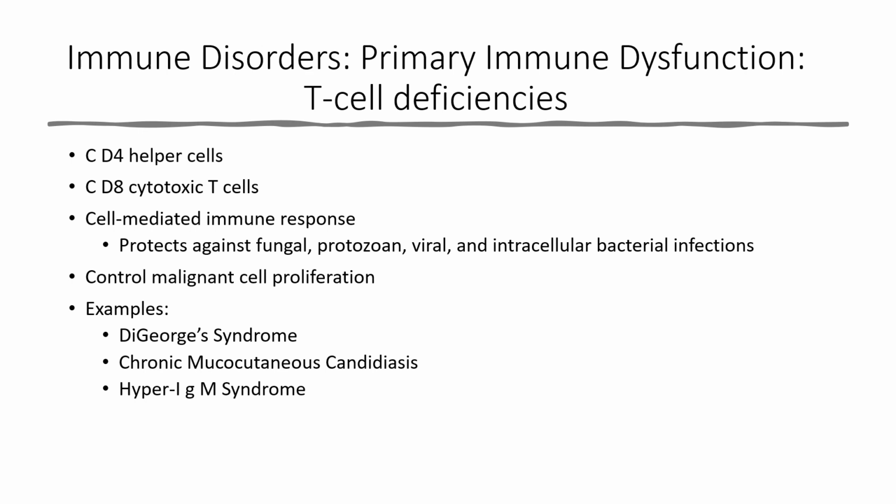They're also responsible for controlling malignant cell proliferation and coordination of the immune response. T cell deficiencies lead to infections and other problems that are more severe than B cell deficiencies. An example of a T cell deficiency is DiGeorge syndrome. There's also chronic mucocutaneous candidiasis and hyper-IgM syndrome.